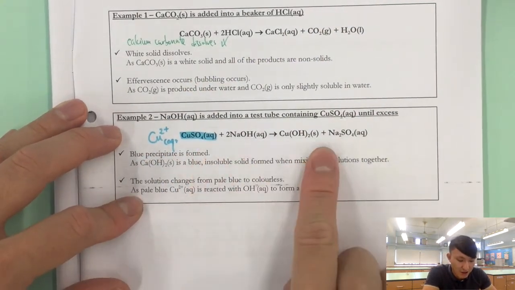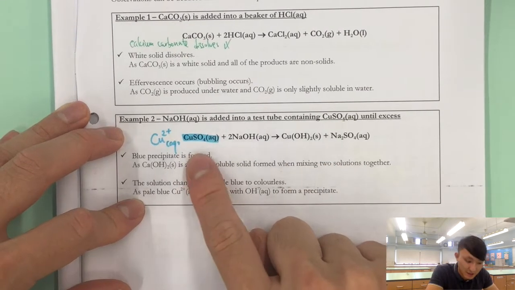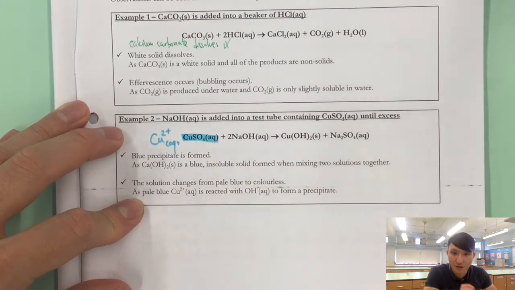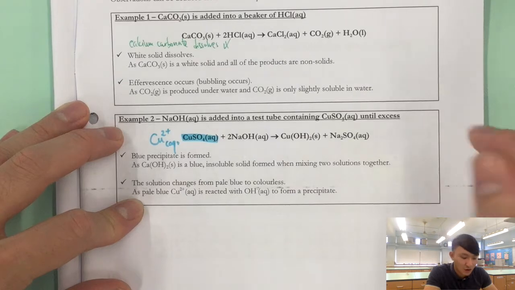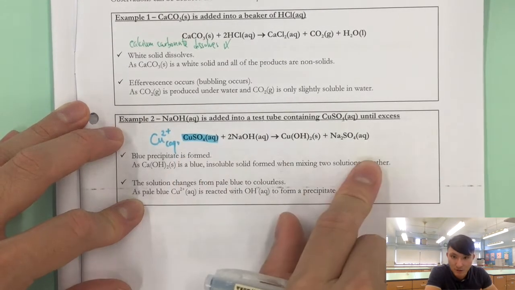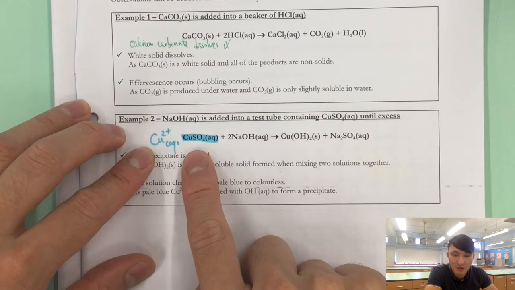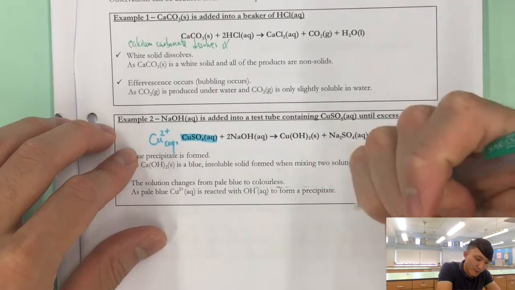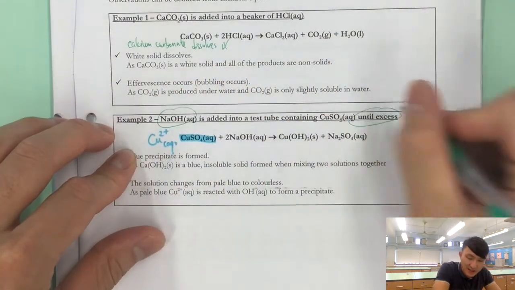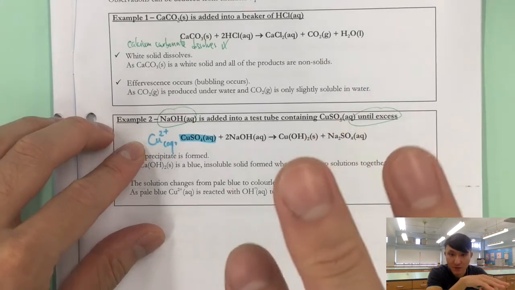As the reaction takes place, the blue Cu2+ is converted into a blue precipitate, which is definitely not soluble in water. So as the reaction proceeds, the concentration of Cu2+(aq) decreases to the point it is used up, because we add the sodium hydroxide until excess. So at a point, all the Cu2+ will be consumed.